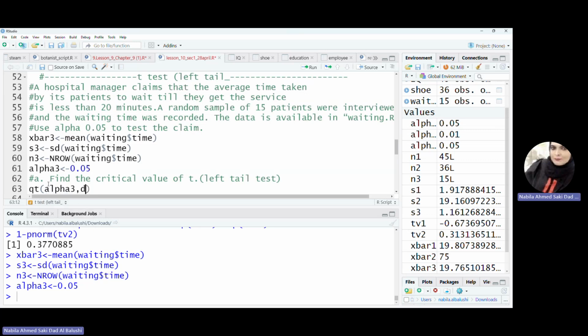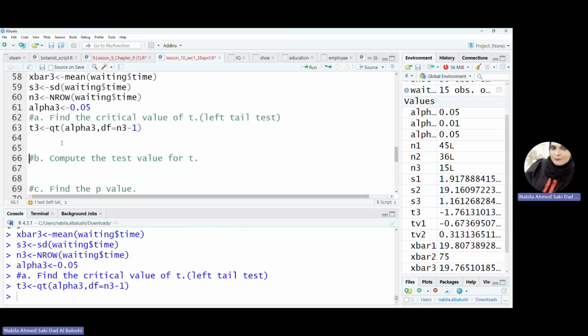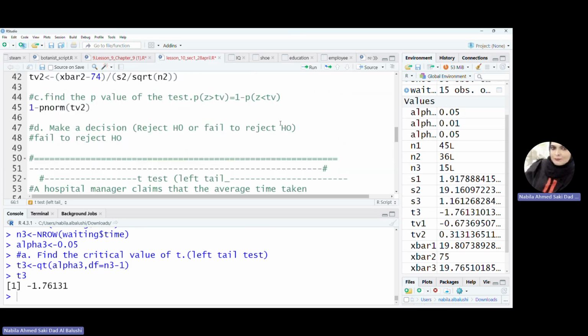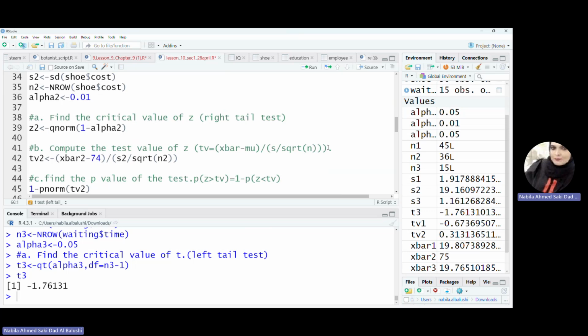Then the degrees of freedom is equal to N3 minus 1. So we save the critical value under the name T3, let's say. If you just observe, the critical value has a negative sign because this is a left tail test. Now we will compute the test value as we did before. So the test value formula is this one.